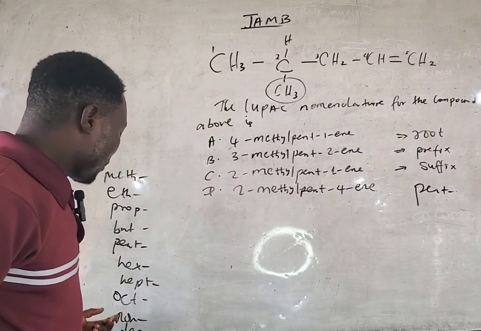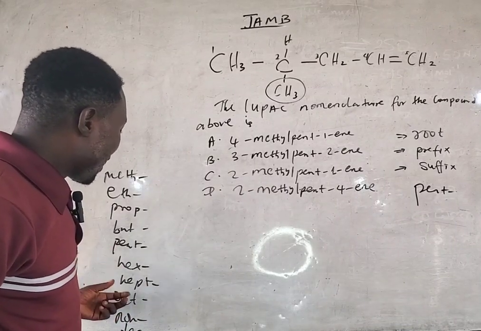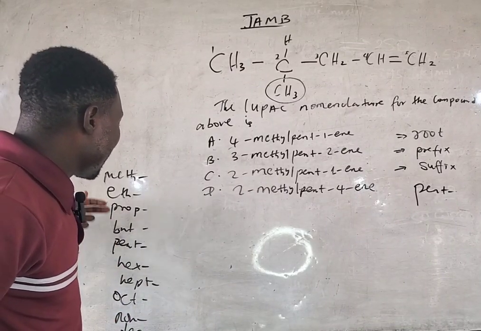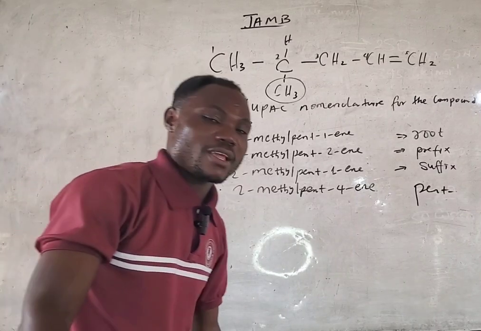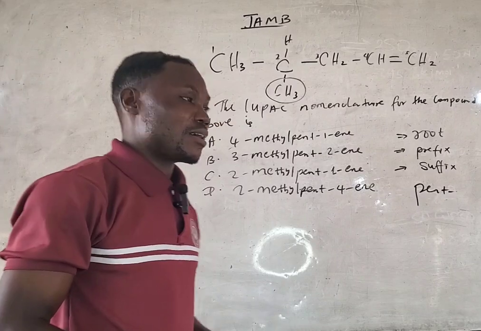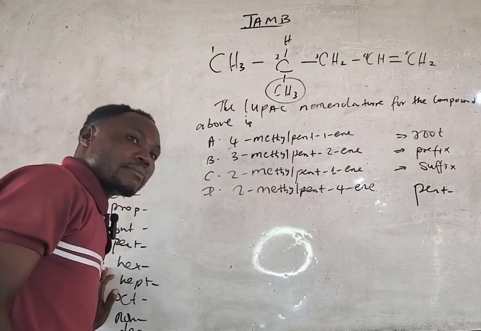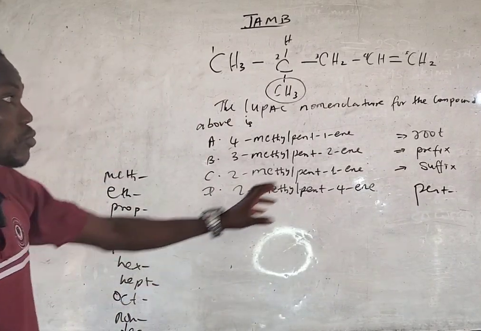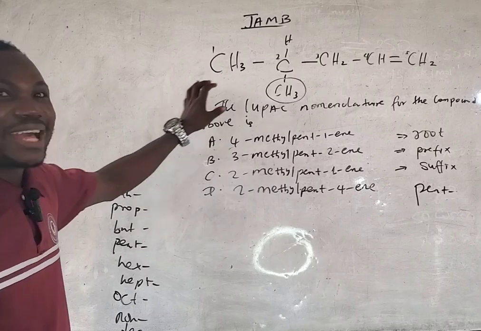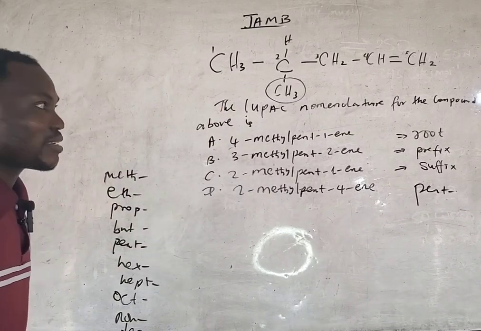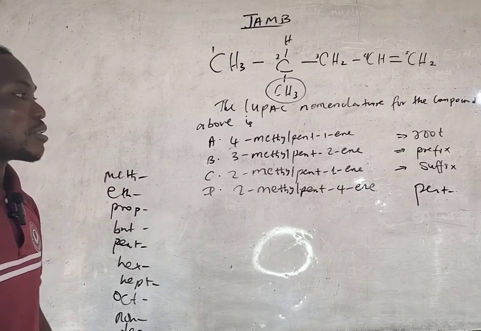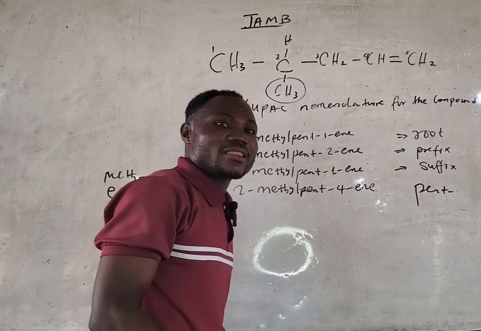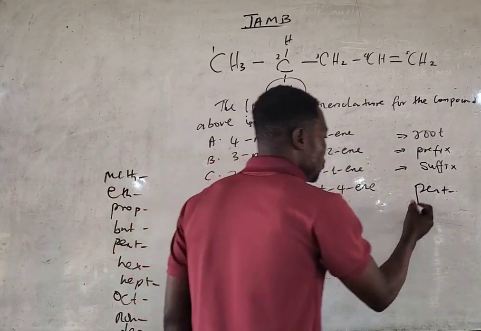So decane, nonane, octane, heptane, hexane, pentane, butane, propane, ethane, and methane. These are common roots which are derivatives of alkanes. So because this is 5 carbon atoms that make up the longest chain, it is pent. Then this pent represents the root.